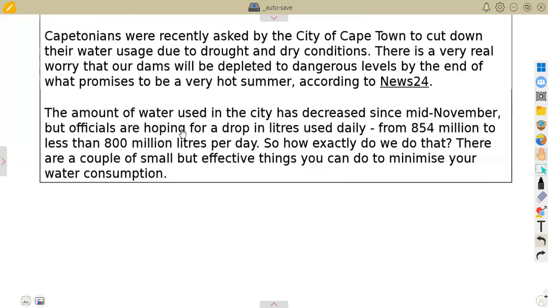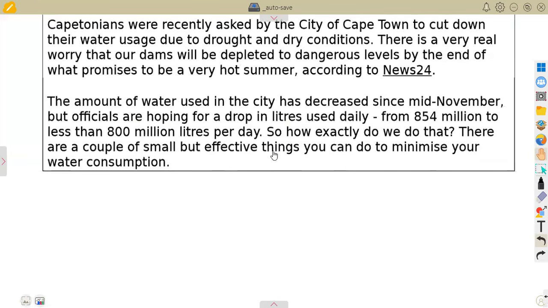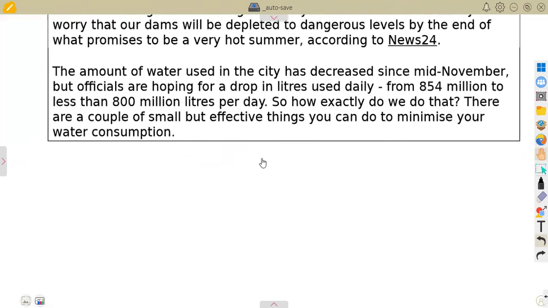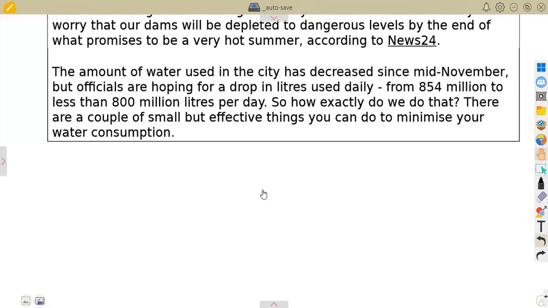but officials are hoping for a drop in liters used daily from 850 million to less than 800 million liters per day. So you can see that this is a political entity, political officials, which were pleading to the citizens about the excess of water that is affecting the system as a whole, that is affecting the citizens as a whole.